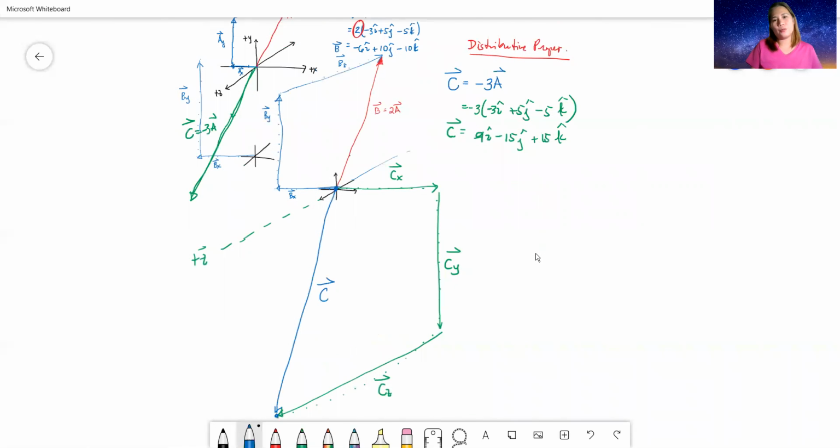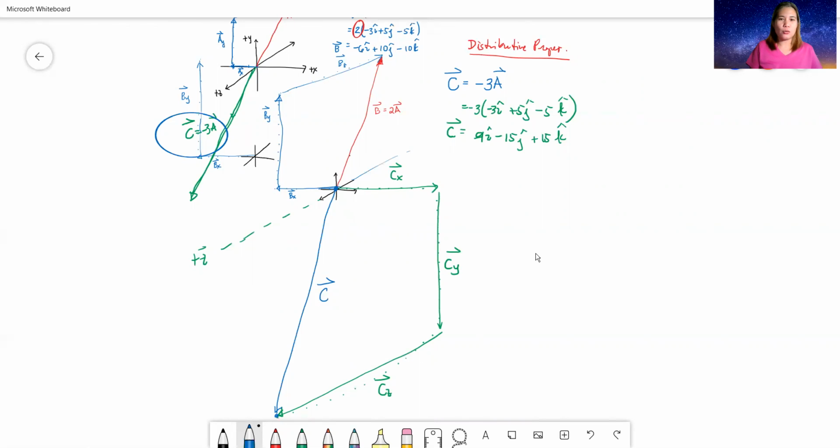Let's compare. So as expected, the negative sign here tells us that we use the opposite direction of that original vector.